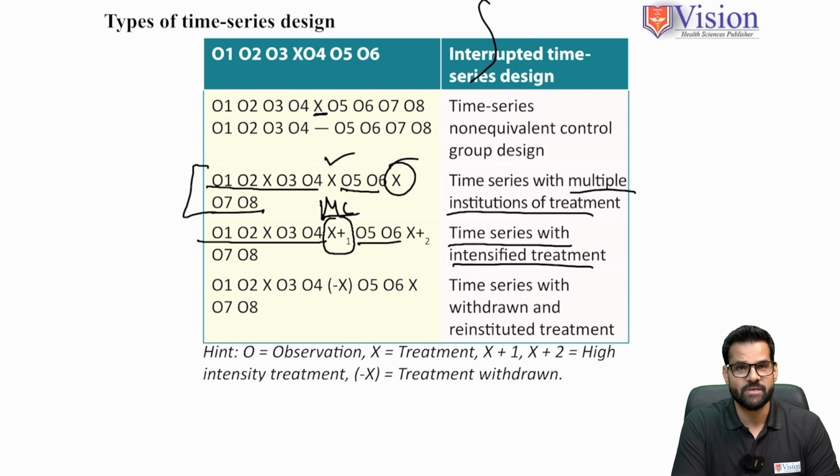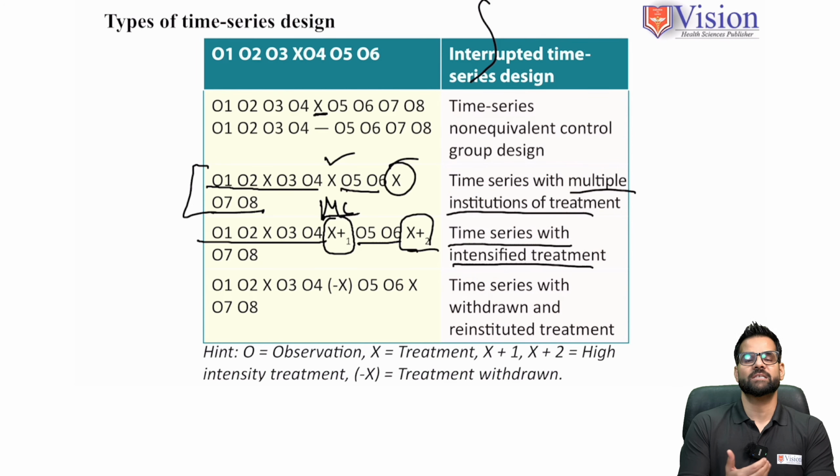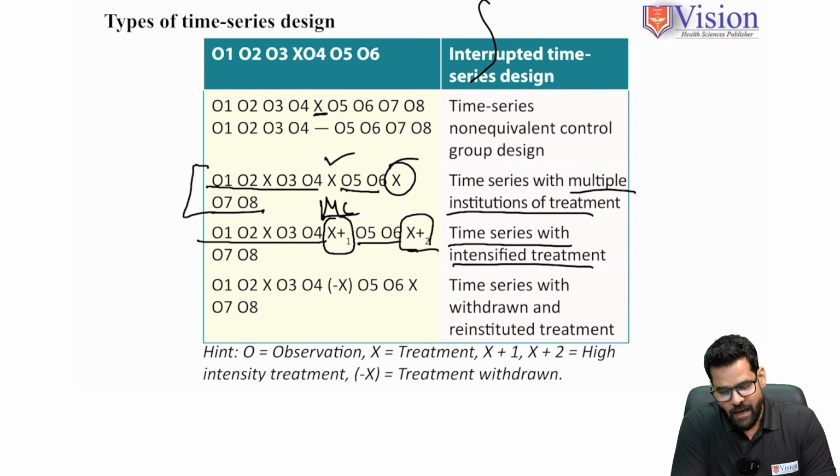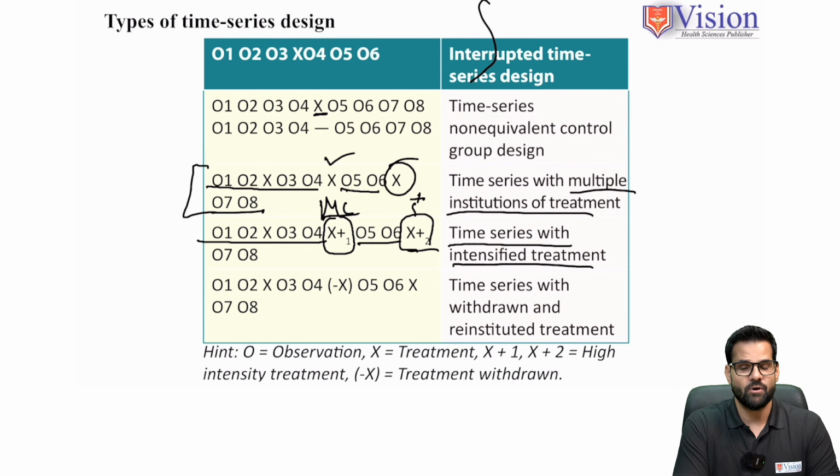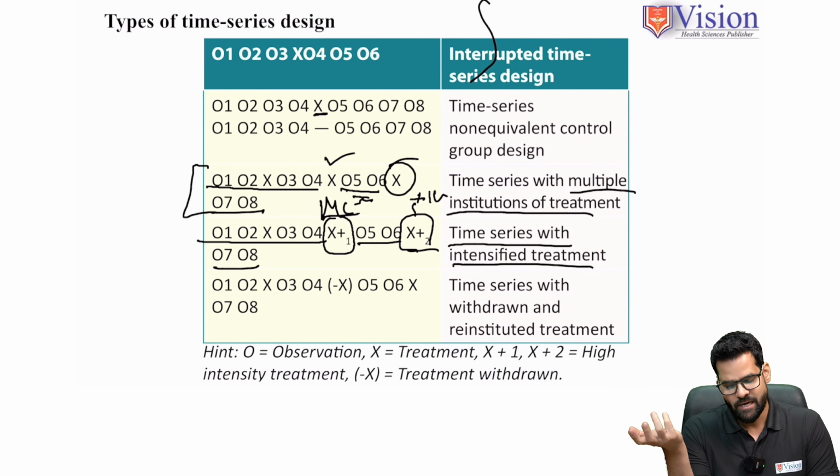Then again you made observations. The second time you gave motivational counseling to manage burnout, along with some other things. Maybe it was for 30 minutes, now you have given it for 1 hour. Again you observe them, and so you keep changing the intensity of your treatment. That kind of thing is called an intensified treatment.